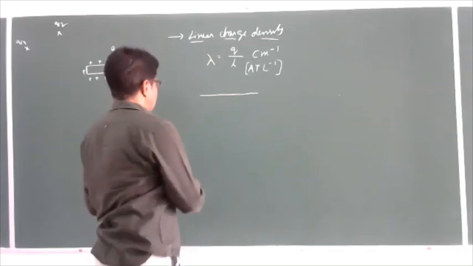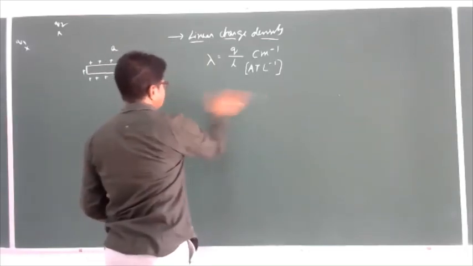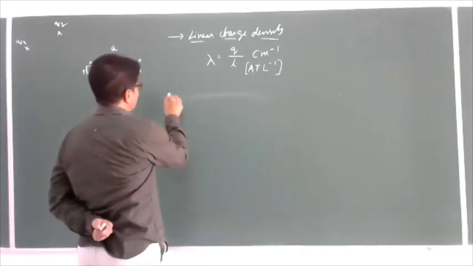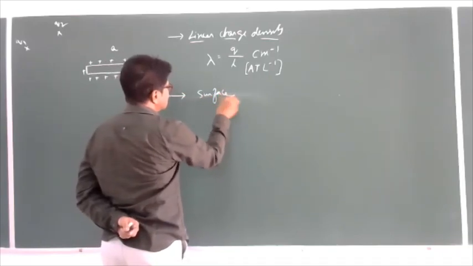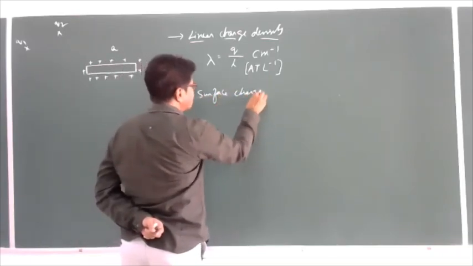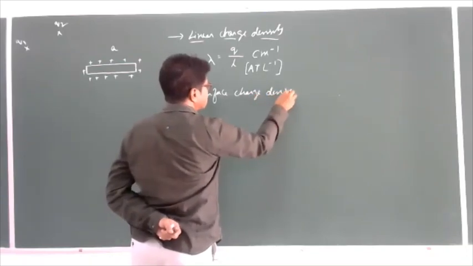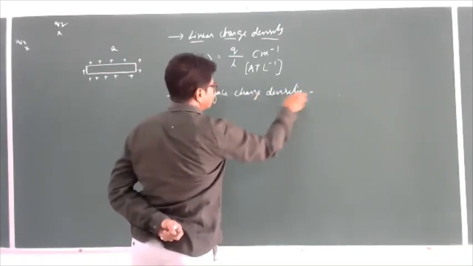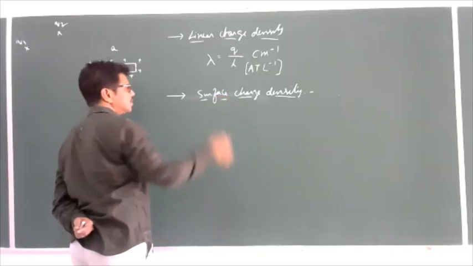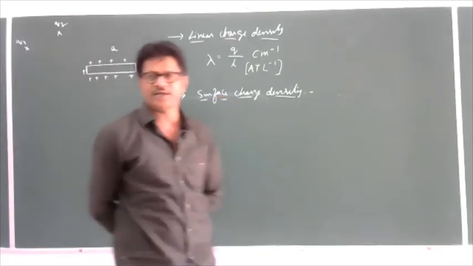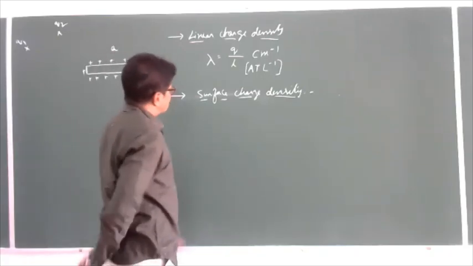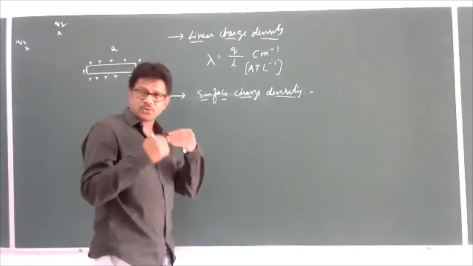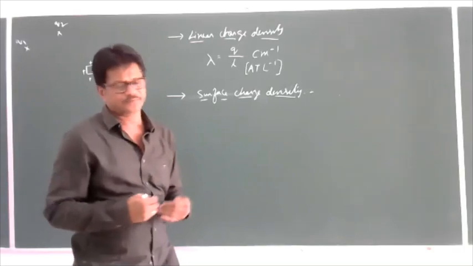Whereas the second parameter is surface charge density. This concept will be used in case of two-dimensional shaped bodies.